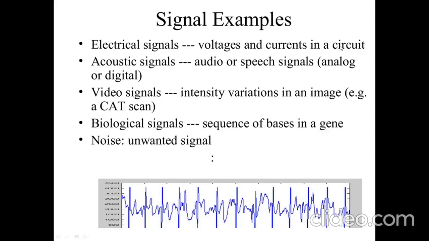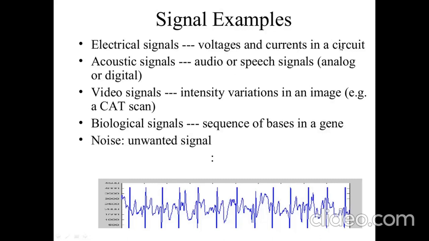Acoustic signal: generally audio or speech signals are called acoustic signals. They are analog or digital. Similarly, video signal: in terms of video signal, intensity variation in an image, for example a CAT scan.